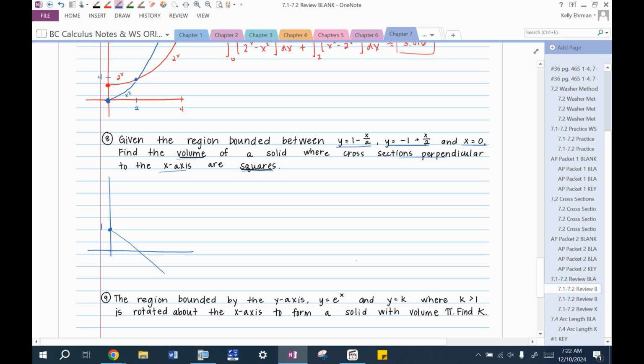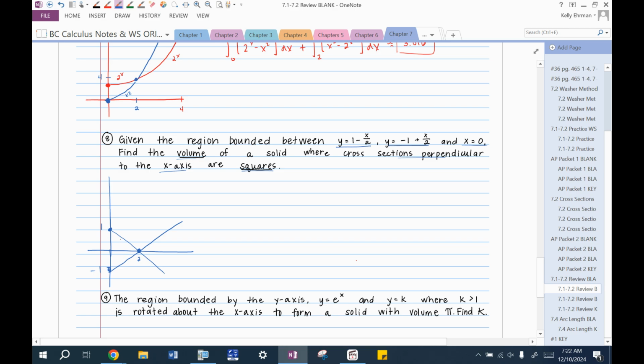The other one would start at negative 1, and it's got a slope of positive 1/2, so you're getting this little triangle thing happening. And this spot where they intersect would be 2, right? If I plug in 2, I get 1 minus 1, and if I plug in 2, I get negative 1 plus 1. So yeah, that's 2 where they intersect.